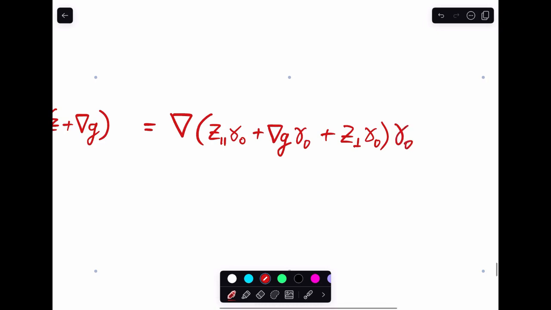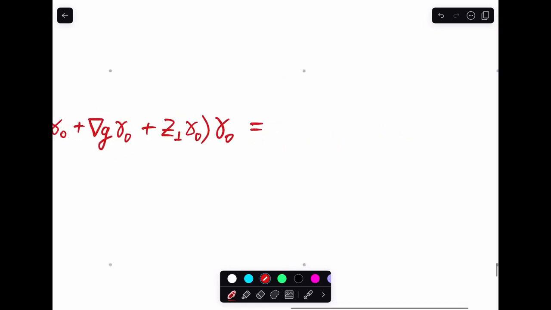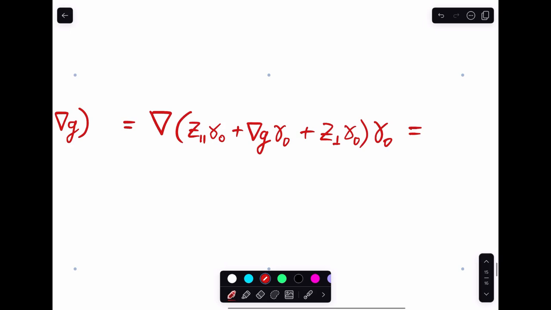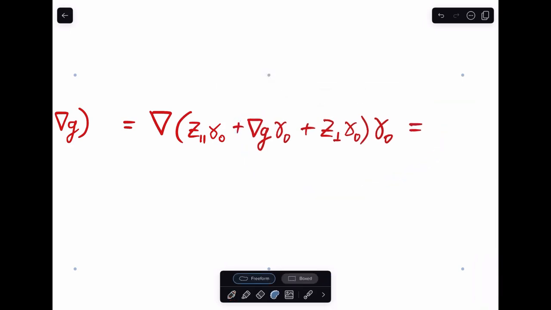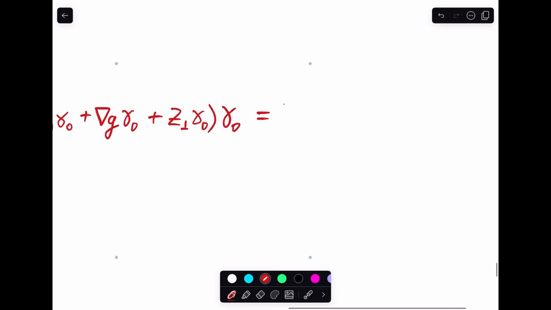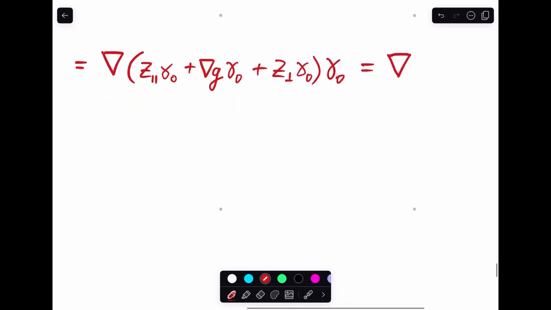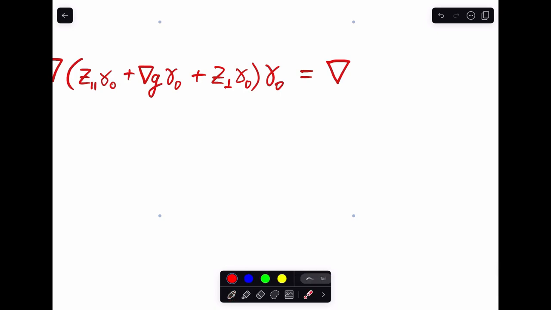You have a gamma naught out here, and then you have that this right here is just your Z prime parallel gamma naught plus Z perpendicular gamma naught.